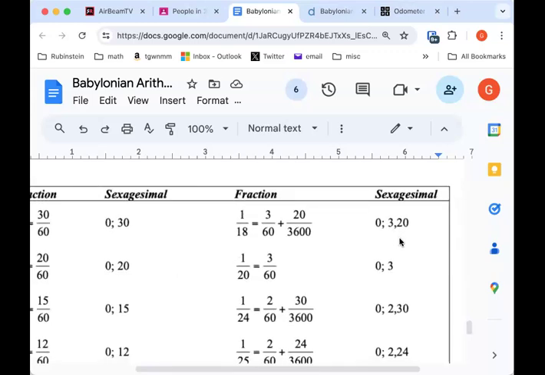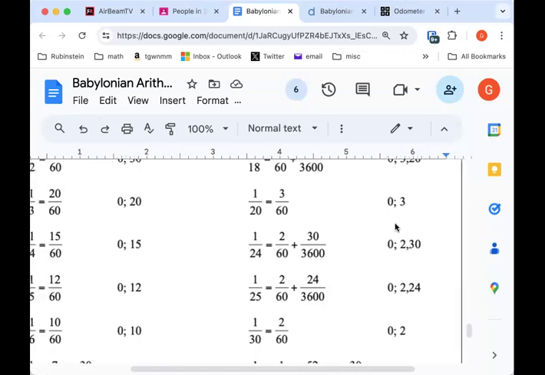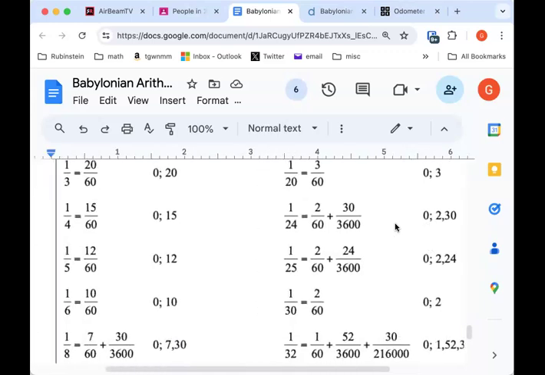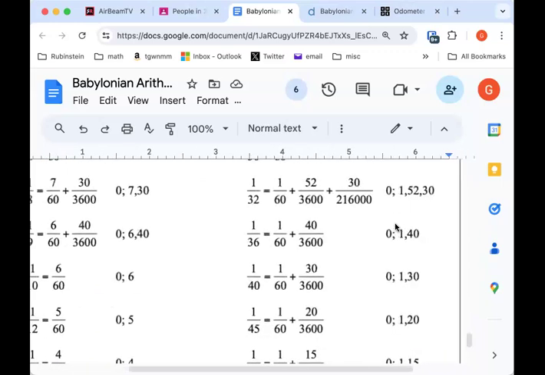In some books, they would put commas in between, just like different translators have different ways. I like to put 2 digits for each digit, but it says 3,20. So they would do the semicolon and put commas between the digits, but I like to use the 2 digits with the space. So division was pretty hard because they would do it by multiplying by the reciprocal.